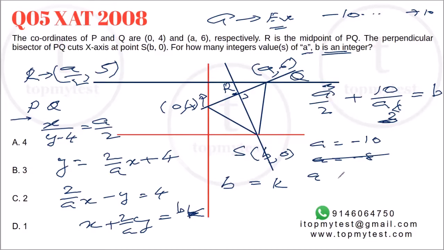If I put a equal to minus 2, you'll have minus 1, minus 5, it satisfies. What is the next one? 0 cannot be put. 2 will satisfy, just as minus 2 will. 4 will not satisfy because minus 4 did not. 6 will not satisfy because minus 6 did not. And 8 will not satisfy because minus 8 did not. 10 will satisfy. So these are the 4 values possible.